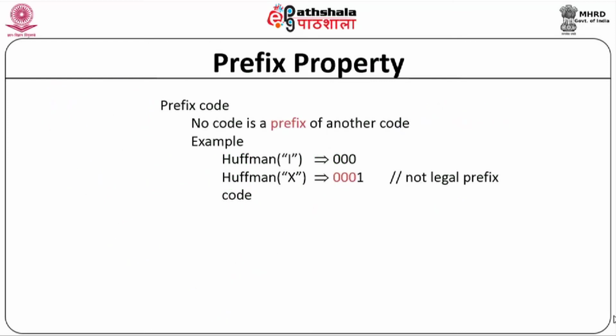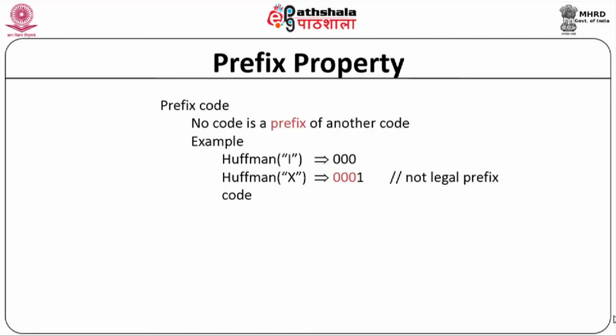But there is only one problem, that is the prefix property needs to be satisfied. So, what is the prefix property? The prefix property says that no code should be the prefix of another code. For example, let us say if for one symbol it is 0 0 0 hypothetically, then this should not be the prefix for any other code like 0 0 0 1. Why? Otherwise there will be a lot of confusion, and the message will be misinterpreted.